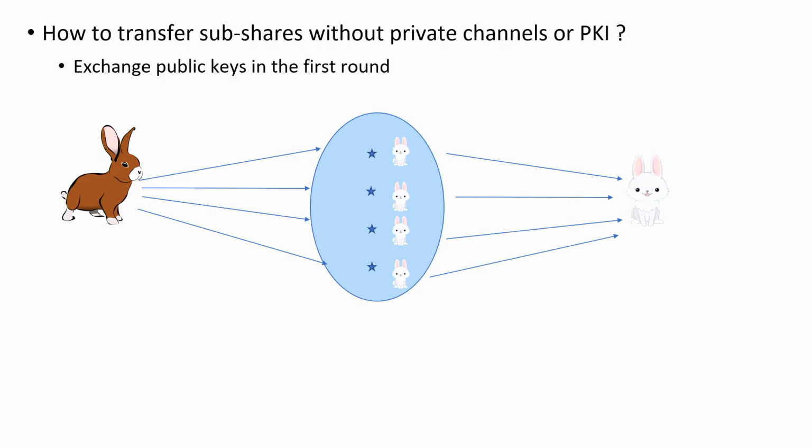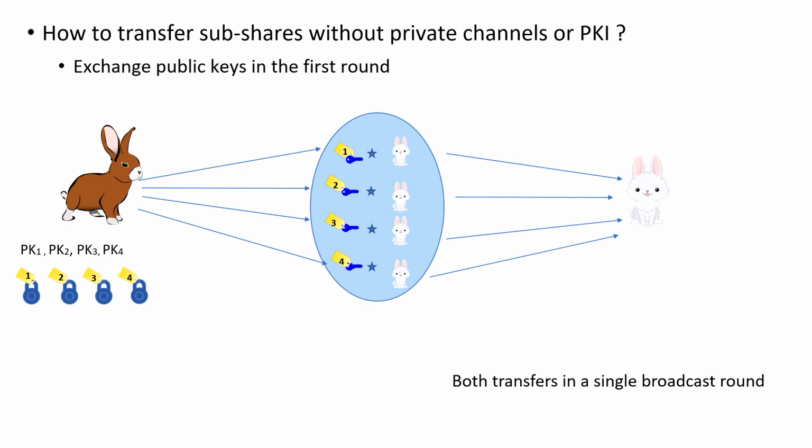What we are going to do is that in the first round, we just exchange public keys between the parties. So each party has a public key for each other party. And then we do these two-phase transfers in just one round. So let's see. The sender has the public keys of the intermediaries, for which they have secret keys.